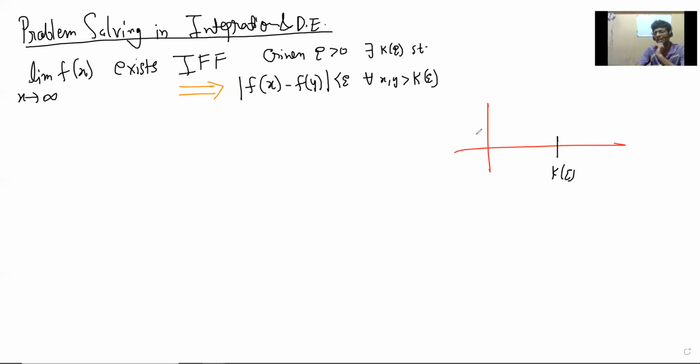You can say that the epsilon band is around 0, for example. So beyond k(epsilon), f is inside this epsilon band. Then won't this imply that for any x and y, the difference will be less than epsilon or less than 2 epsilon?